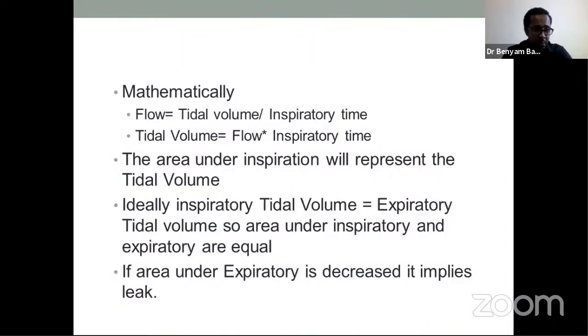I briefly touched on it earlier when we saw the first flow time scalar on volume targeted ventilation. We all know mathematically flow means tidal volume per set time, or inspiratory time. So we can rearrange these, and tidal volume is flow times inspiratory time.